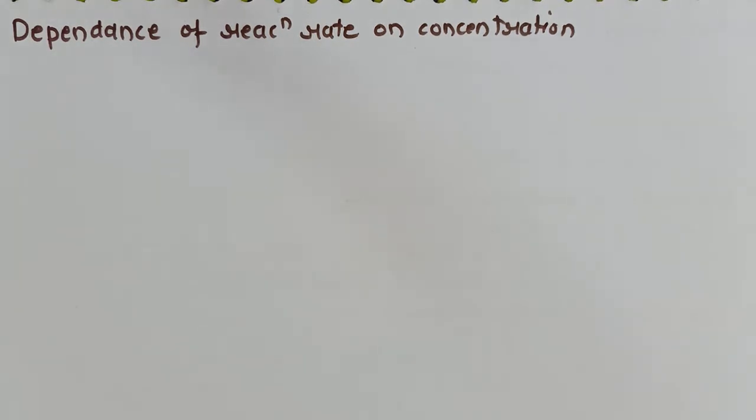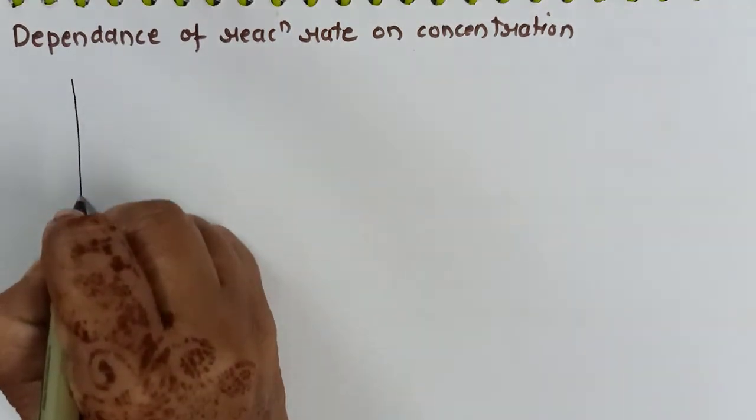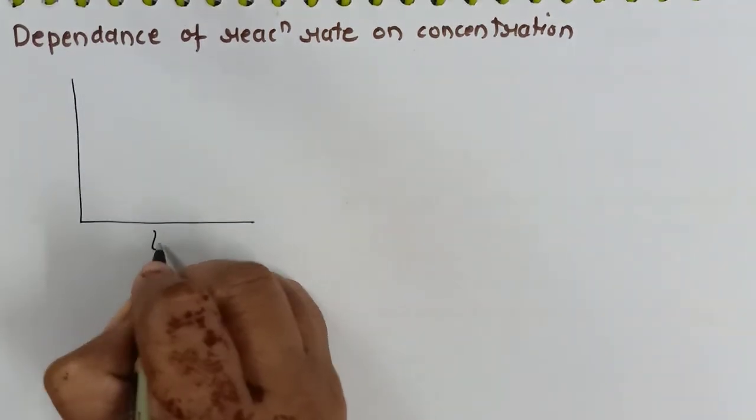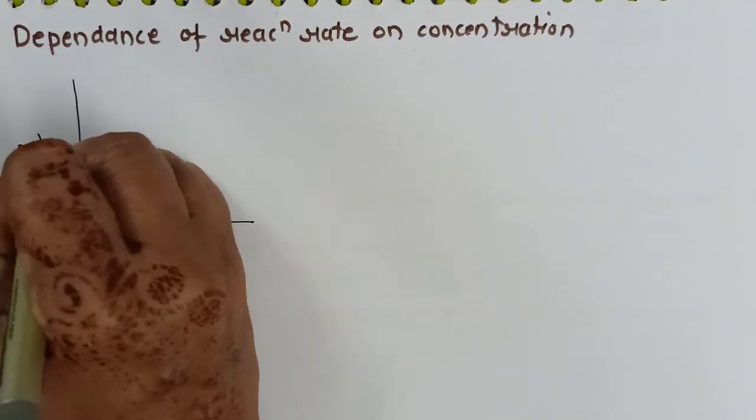When we are discussing the factors affecting the rate of reaction, the very first factor that affects the rate of reaction is the concentration of reactant or concentration of the product. Now when a chemical reaction proceeds, the reactant gets converted into product. As a result, the concentration of reactant decreases and that of the product increases, and this can be shown by a graph of time and the molar concentration.